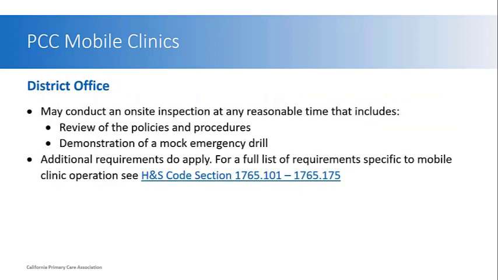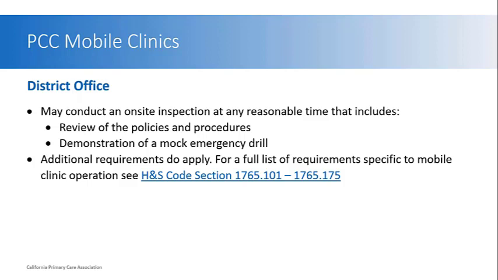Once you have submitted a complete application to CAB and they perform the review, if the documents are approved, they send the application to the local district office of licensing and certification. The district office may conduct an on-site inspection of the clinic at any reasonable time, and the inspection may include review of policies and procedures or demonstrations of a mock emergency drill.